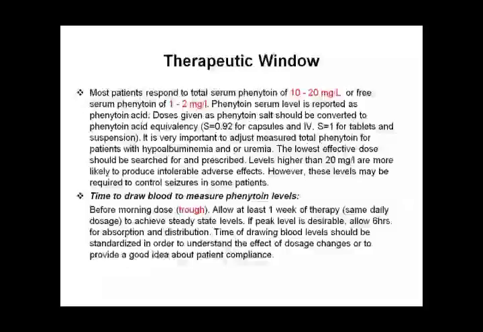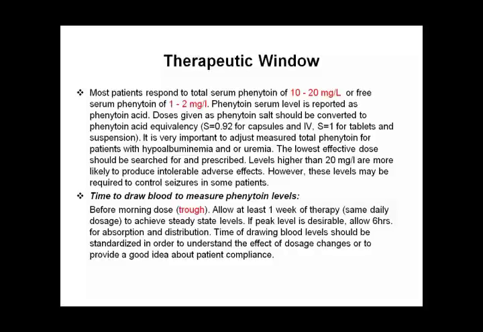The therapeutic window for phenytoin for most patients, as we said, is 10 to 20 milligram per liter, and sometimes you will see a patient who may need 22 or 24 or even 25 to control seizure, but the most commonly recommended range is 10 to 20.